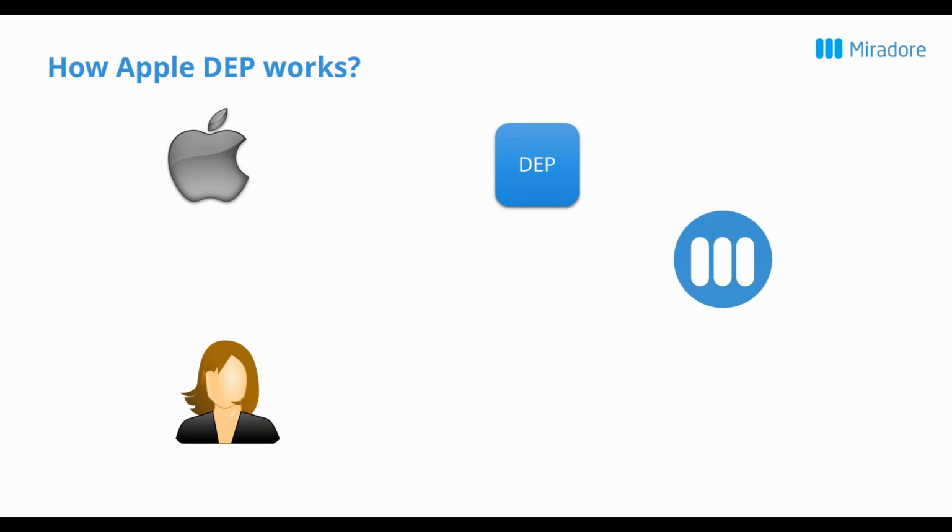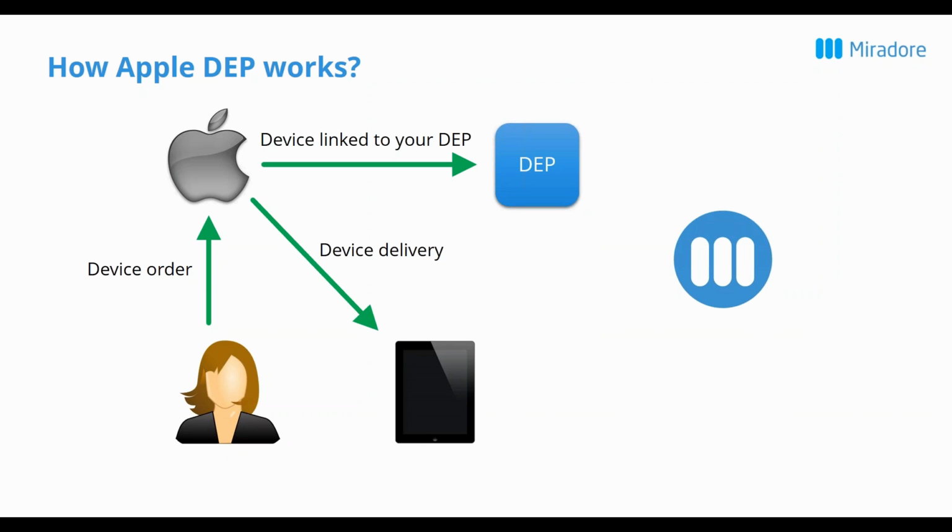But then after the registration you can start using the program, and in practice it means that whenever you are ordering devices through your reseller, so you're placing the order in, your reseller will do a linking, so linking the new device with the serial number and all the identification numbers to your DEP program, and it also delivers the device to you.